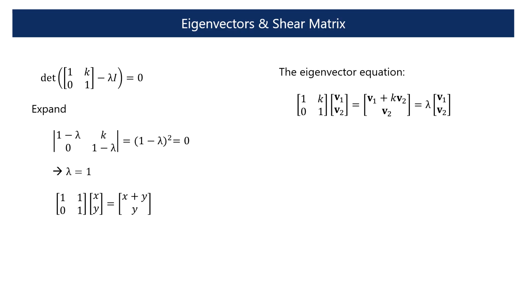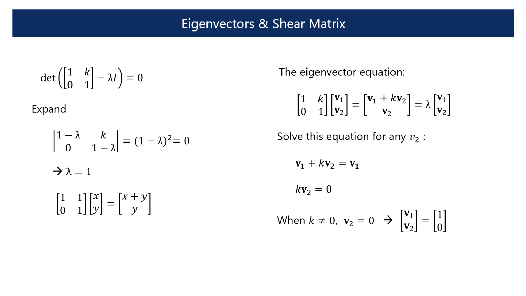The eigenvector equation is given in this way. Solving this equation for any v2, we get this equation. Thus, when k is not equal to 0, v2 equals 0, so the eigenvector is 1, 0.